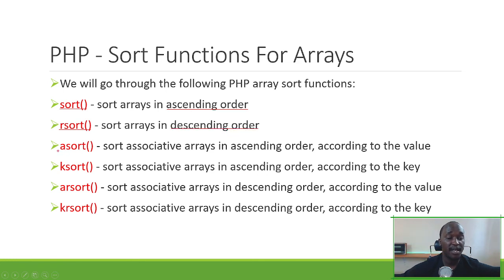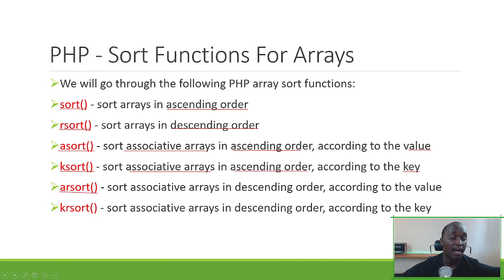Then we have asort, used to sort associative arrays. So asort is for associative arrays in ascending order according to the value. Then ksort, again for associative arrays in ascending order, but according to the key. Remember, associative arrays have a key and a value.